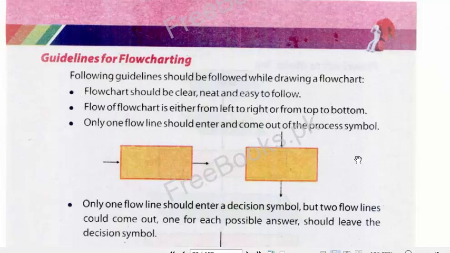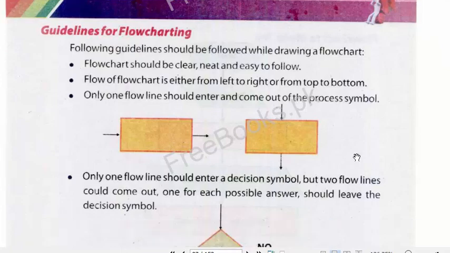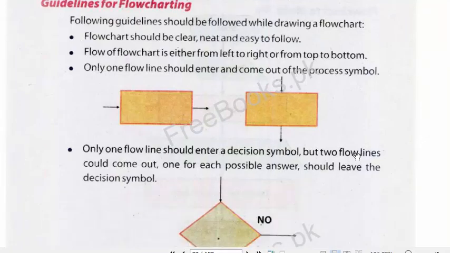Next are the guidelines for flowcharting. Guidelines should be followed while drawing a flowchart. A flowchart should be clear, neat and easy to follow. The flow of a flowchart is either from left to right or from top to bottom. Only one flow line should enter and come out of a process symbol. Only one flow line should enter a decision symbol, but two flow lines could come out, one for each possible answer.